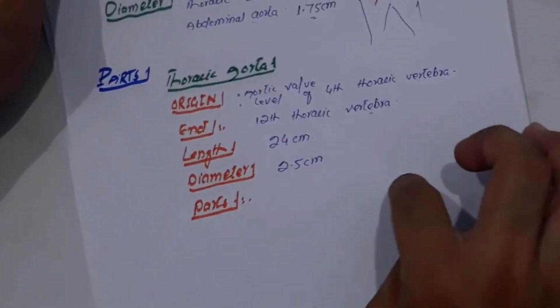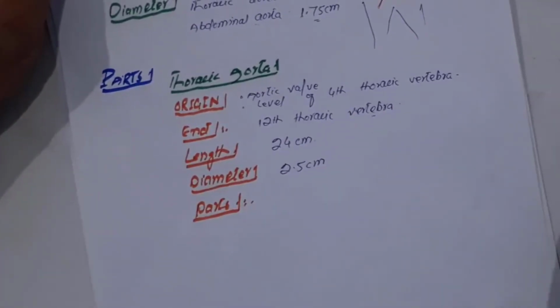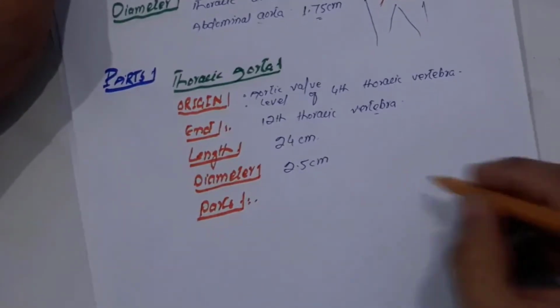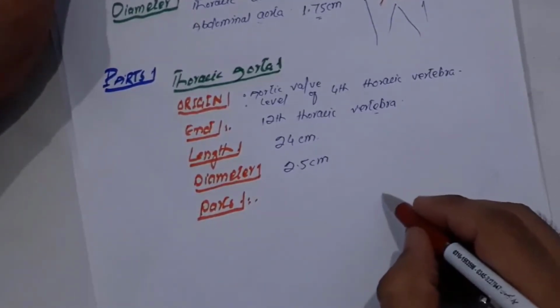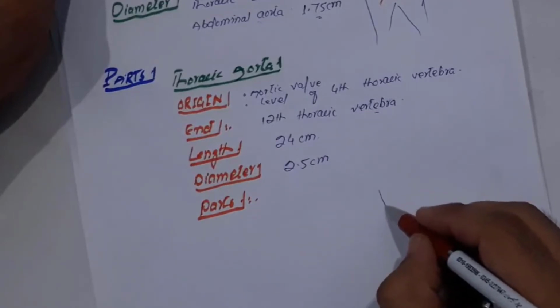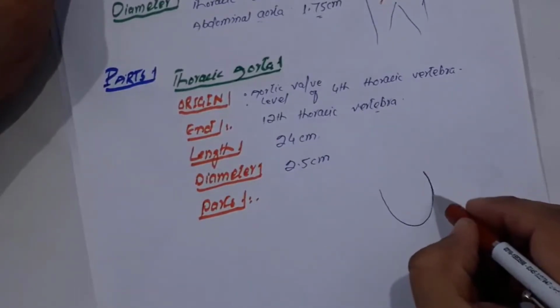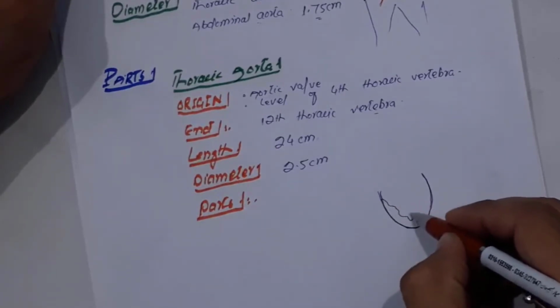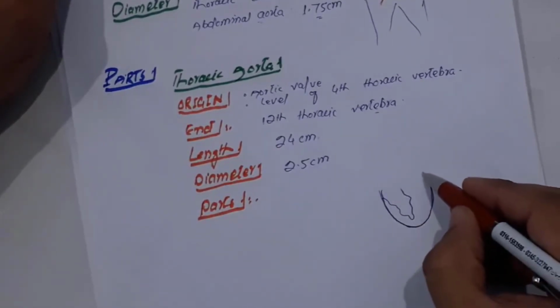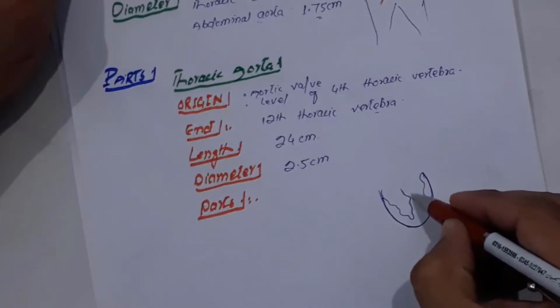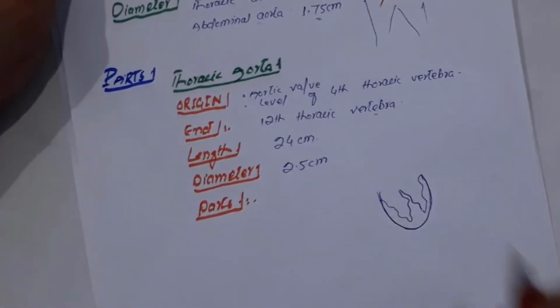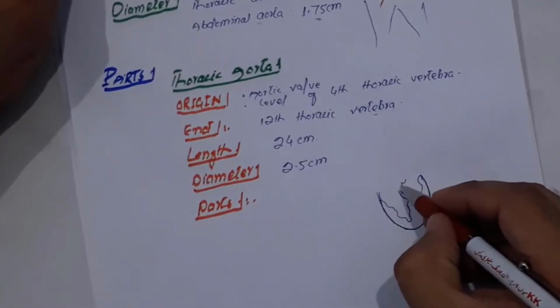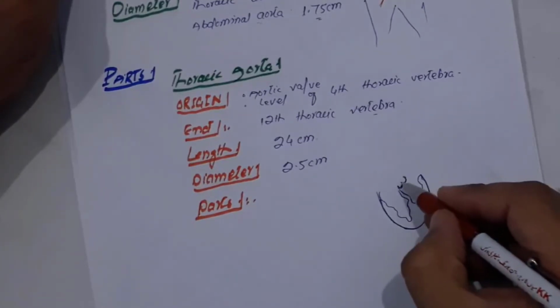Right, let me draw the aorta here, then I will mention all the parts. Okay, this is our heart. For example, this is our right ventricle, and this is our left ventricle. I'm not mentioning all the parts, I'll just mention what we are talking about, that is aorta.